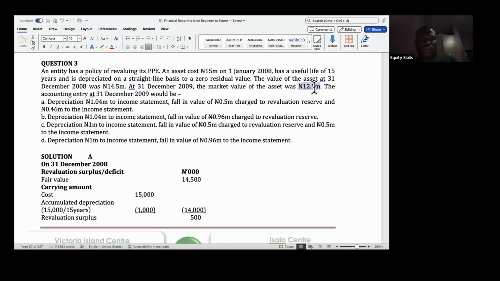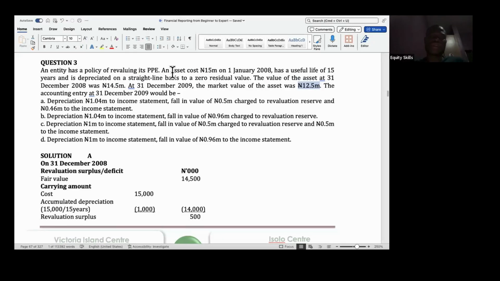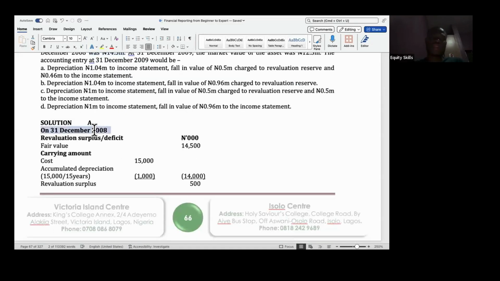And for you to do revaluation, all you just need to do is, whenever there is a revaluation, we will need to calculate whether we are getting a revaluation surplus or a revaluation deficit. So at the end of the year, when they revalued these assets, the first major thing we need to do is to calculate, as at the end of 2008, are we having a revaluation surplus or deficit?